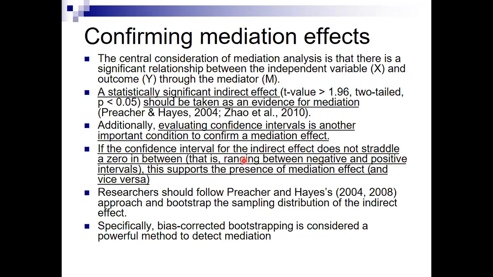What we mean by that is that if the confidence interval between the lower and the upper, if both are positive, let's say, for example, or if both are negative, which means they do not straddle a zero in between, then there is a possibility of indirect effects, okay, or mediation.